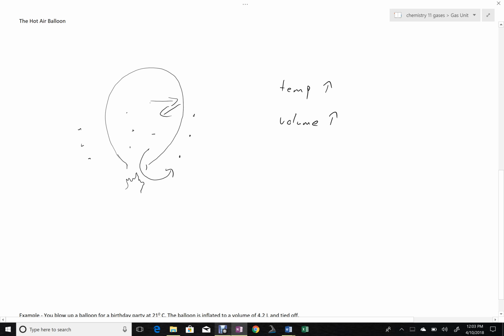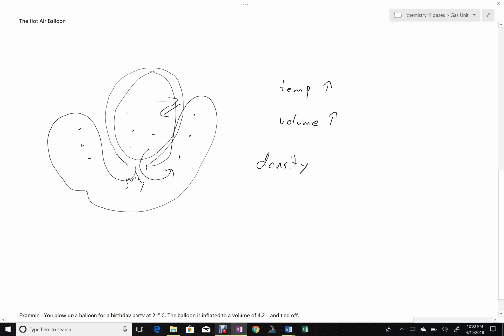What that means then is that this gas that used to occupy this space will now occupy, say, all of this space, which means its density is lowered. The amount of mass remained constant, and so with the increased temperature and the increased volume, as the volume goes up, the density had to go down, which means now this balloon, this space, is less dense than air.